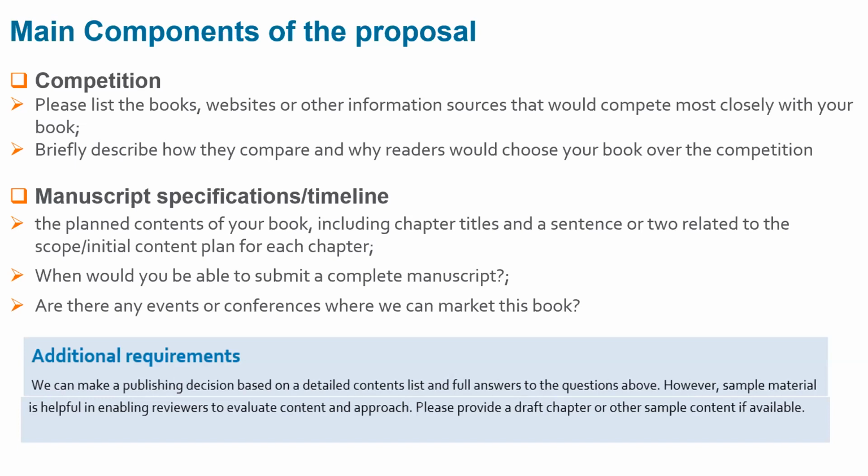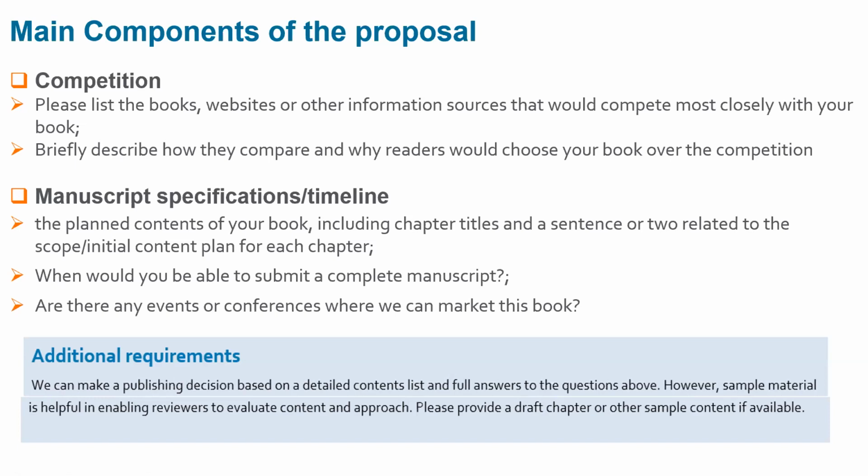And after listing these competitors, I have to prove that my book will be chosen over all the competitors. So I have to describe how my book will advance the knowledge related to the certain topic or subject against the other competitors.